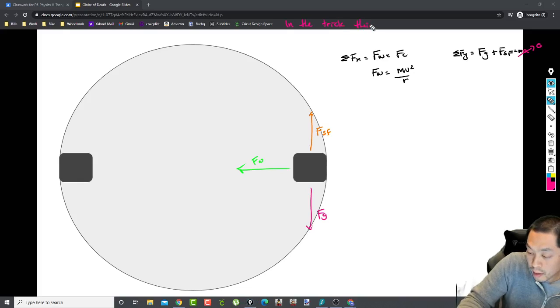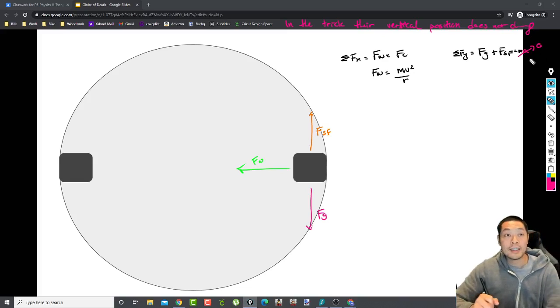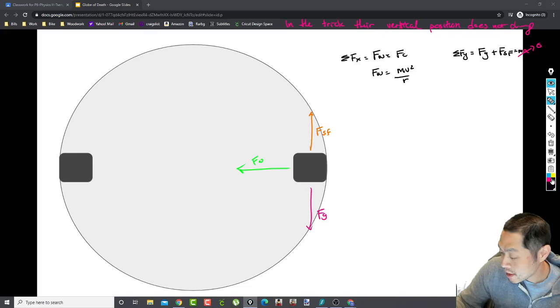So in the trick, their velocity, their vertical position, does not change. So because they don't change, a is equal to 0. So that means force of gravity equals force of static friction.